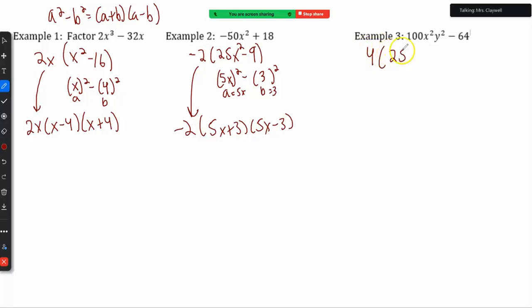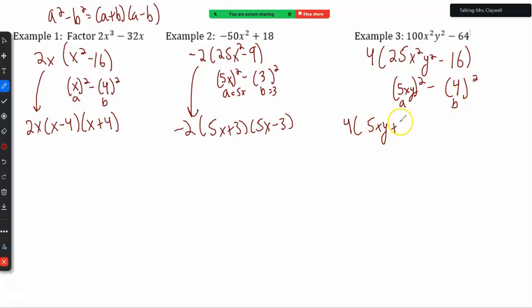Last one, GCF here is 4, sorry. Let me see if I can write this as something squared minus something squared. 4 times 4 is 16. 5 times 5 is 25. 5x and y. So here's my a, and here's my b.